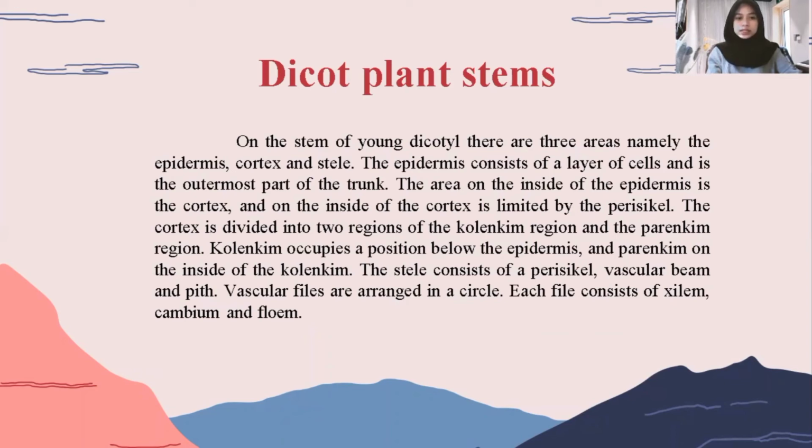The cortex is divided into two regions, the collenchyma region and the parenchyma region. Collenchyma occupies a position below the epidermis, and parenchyma on the inside of the collenchyma. The stela consists of a pericycle, vascular bundles, and pith. Vascular bundles are arranged in a circle. A bundle consists of xylem, cambium, and phloem.